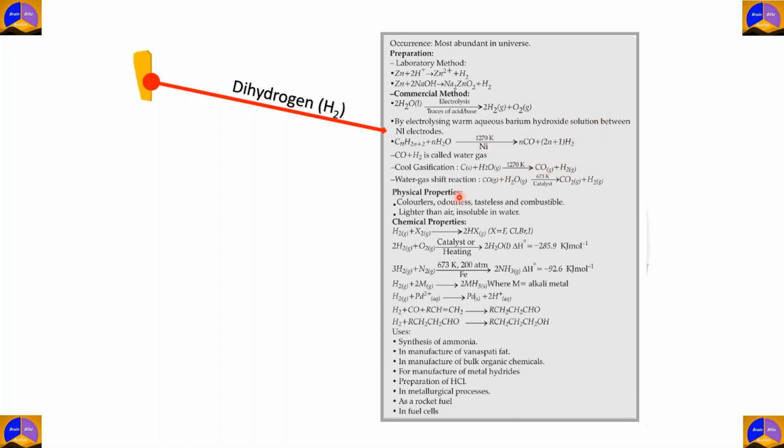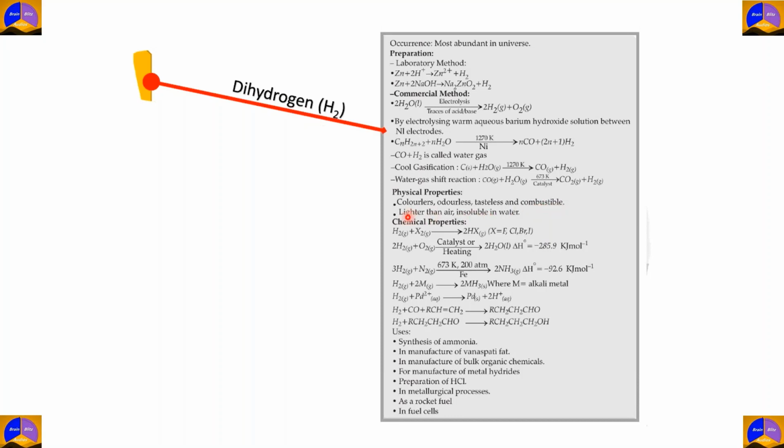Now let's move on to the physical properties of dihydrogen. The first property is that dihydrogen is colorless, odorless, tasteless, and combustible. That's the reason why when you need to find out whether dihydrogen has been formed, we put a matchstick over the reaction, and if it burns with a pop sound, we will know that dihydrogen had been produced because dihydrogen is combustible.